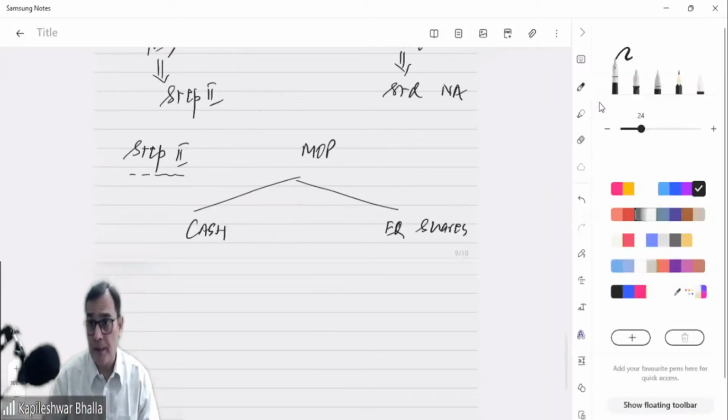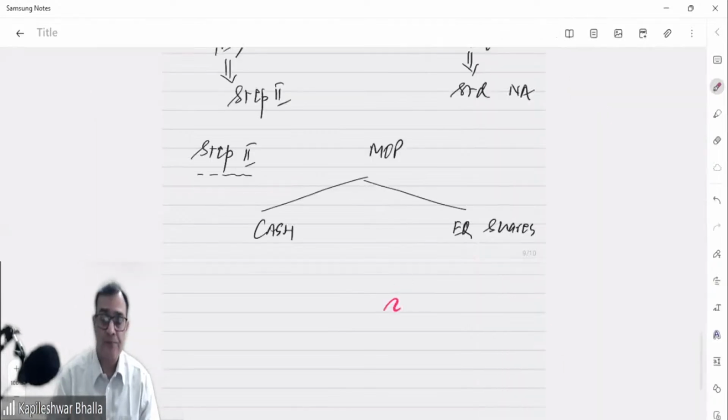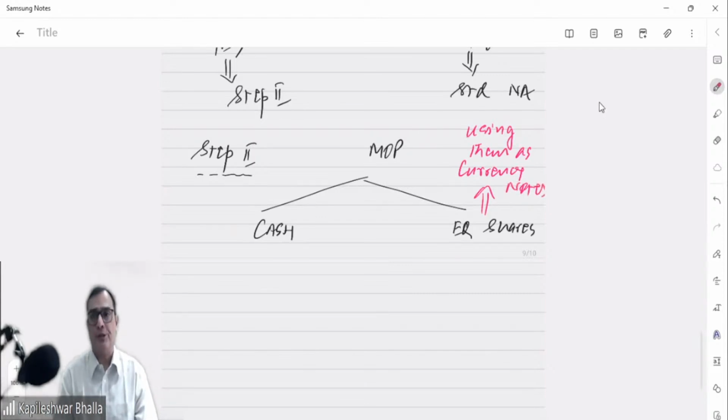So in this particular case, let me remind you that when you're considering equity share, this is using them as currency notes. The company is using its own equity shares as a currency note for the purpose.